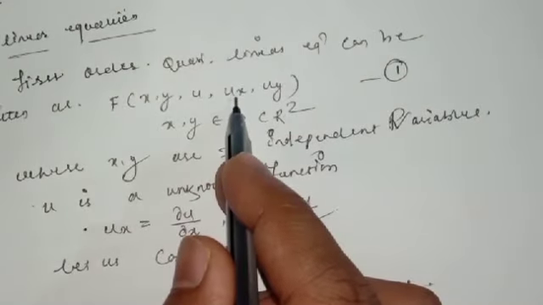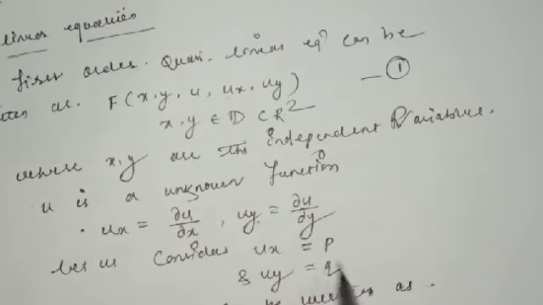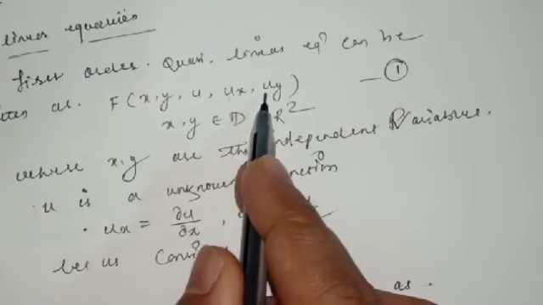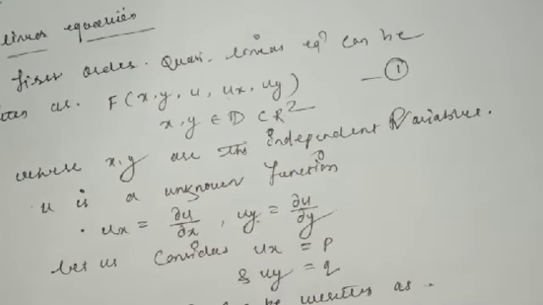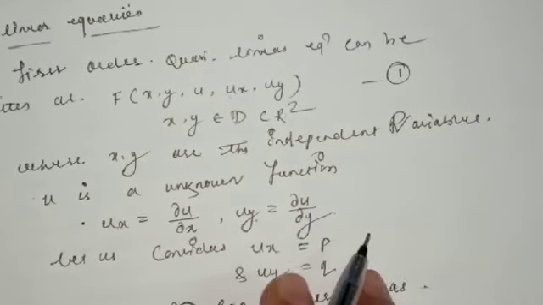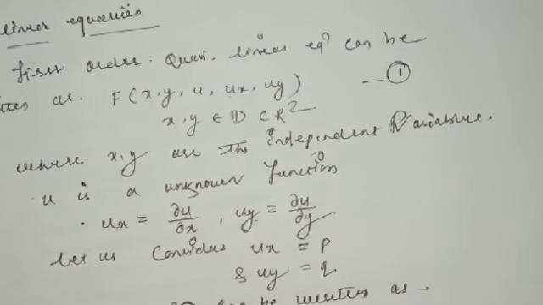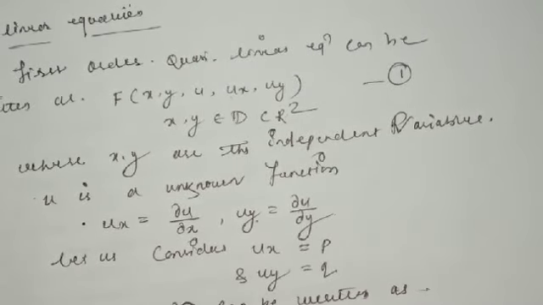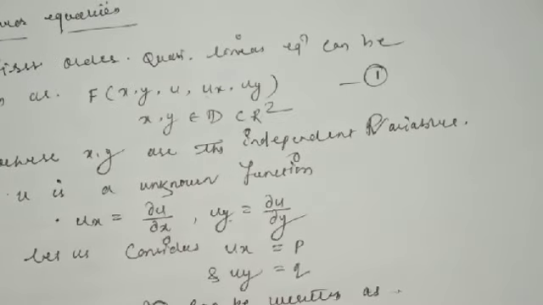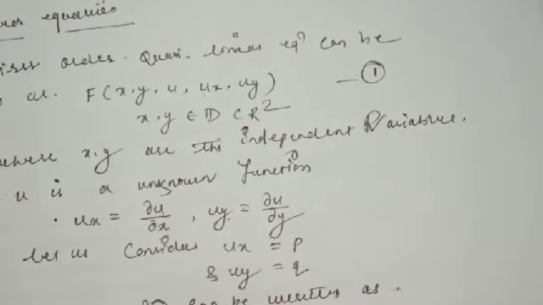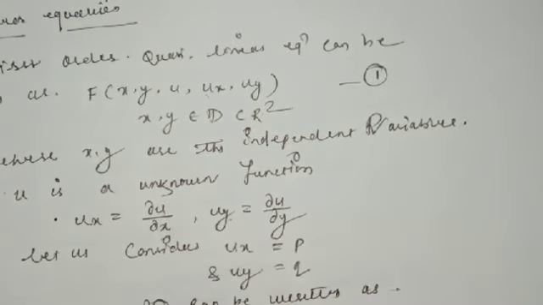In the place of ux we have p, and in the place of uy we have q. So this is the quasi-linear equation in R2.